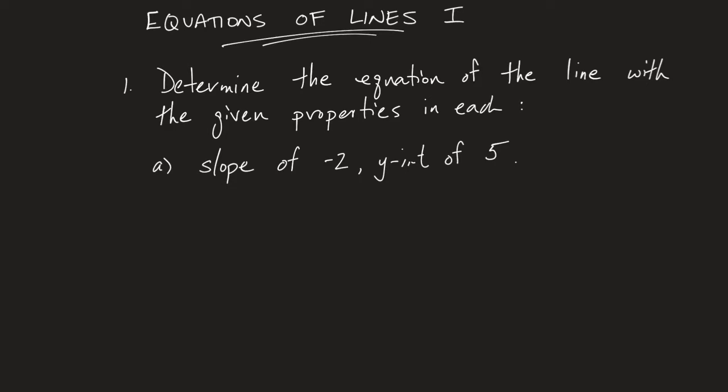Okay, and we should be back. I'm hoping you looked at that question and thought, okay, this one's straightforward, because we know that all lines can take the form y equals mx plus b, where the slope is the m and the y-intercept is the b. So we could have just plugged that information in, slope -2, y-intercept of 5, and we are good.